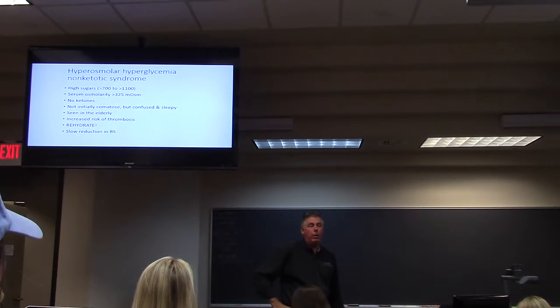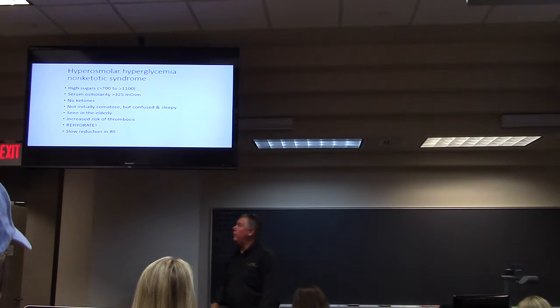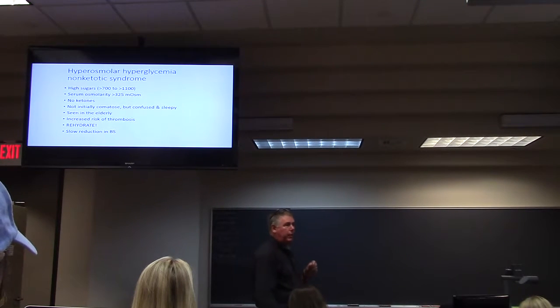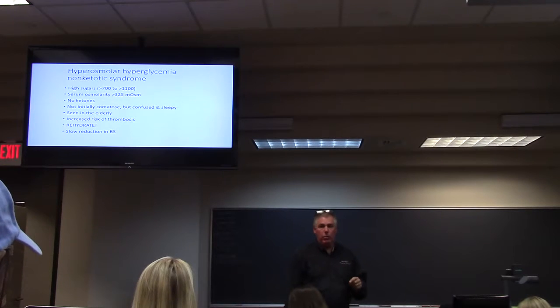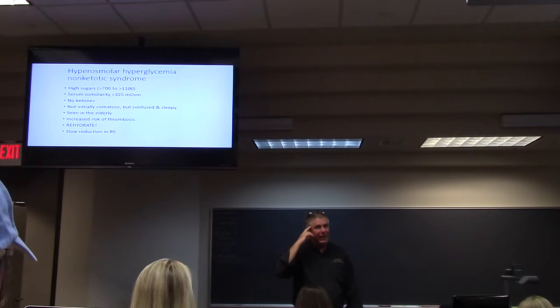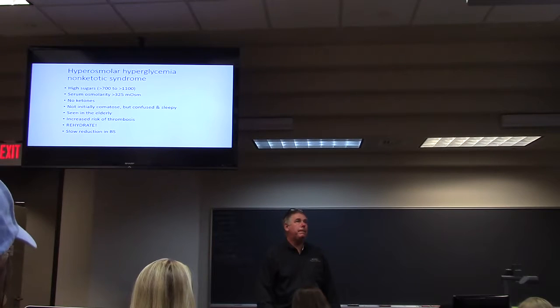And that protocol involves rehydrating, which is really one of the biggest problems here, rehydrating and slow reduction in the blood sugar, not to exceed 100 milligrams per deciliter per hour. If you bring down blood sugar faster than that, you wind up with cerebral edema, and that's not real good.